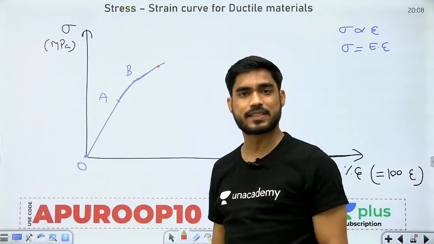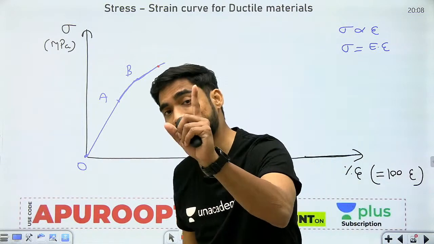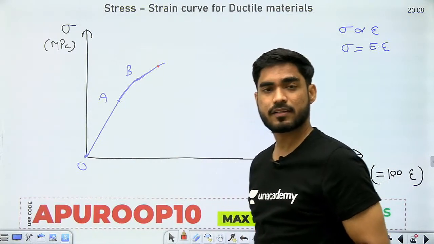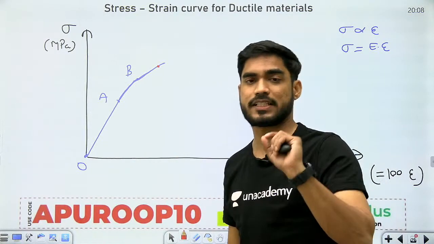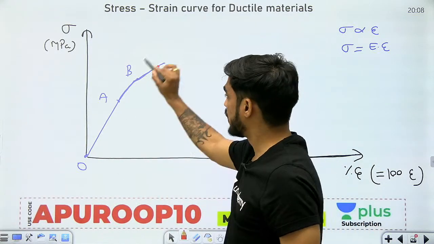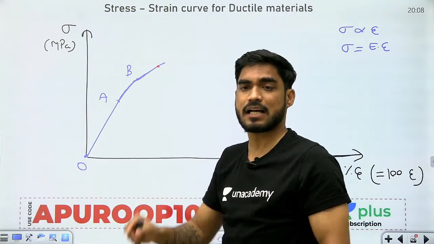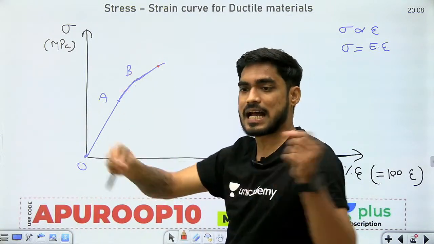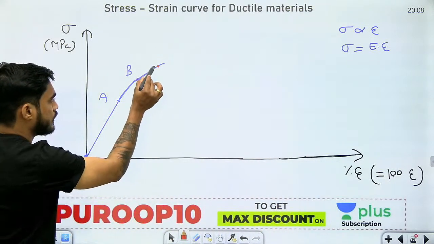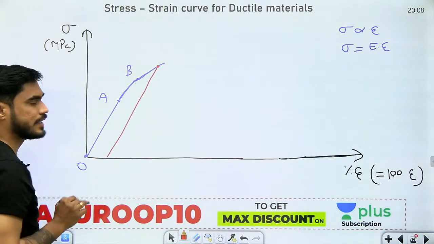The stress will become zero, but the strain will not become zero. Why? Because after point B, there was plastic deformation in the material, permanent deformation. So beta, if you remove the load beyond point B, after loading up to this point, what is going to happen? Understand? The material will come back like this.